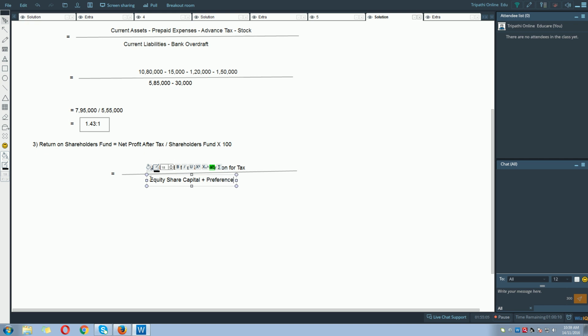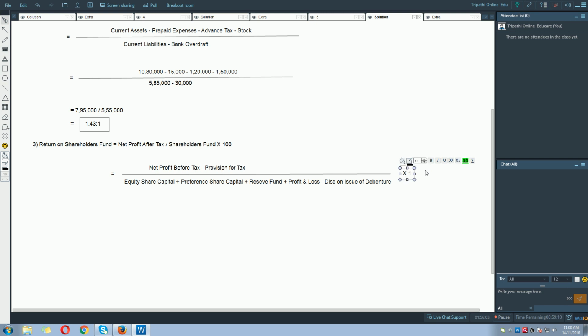Go for third. Return on shareholders fund, that is equal to net profit after tax upon shareholders fund into 100.